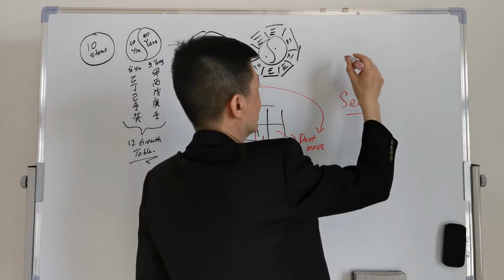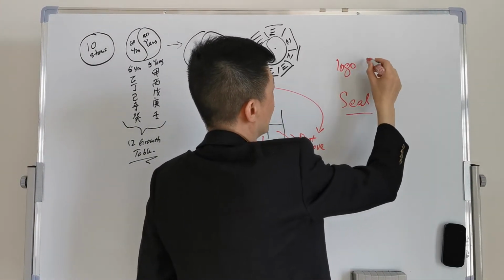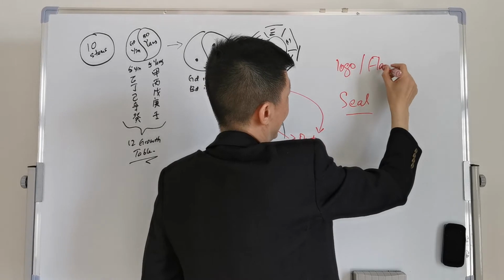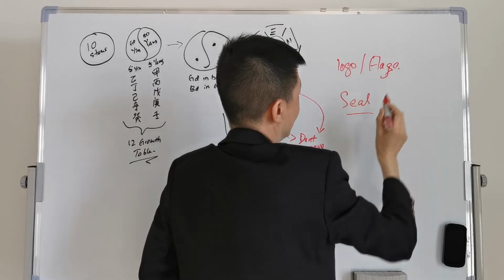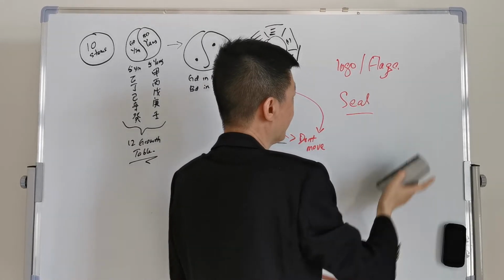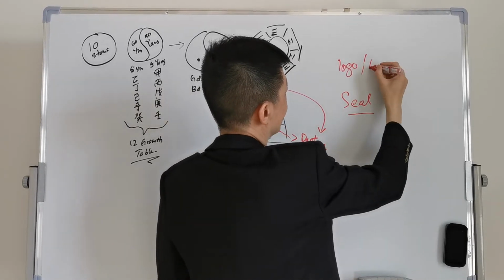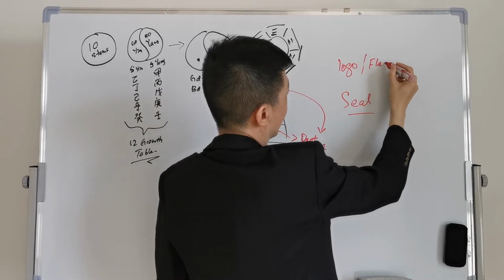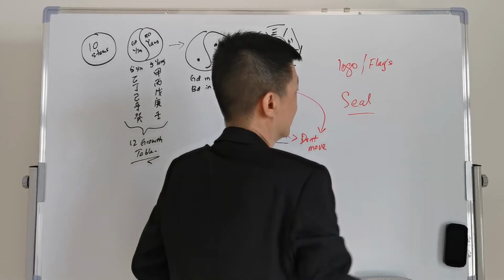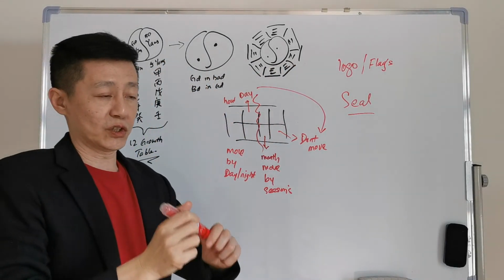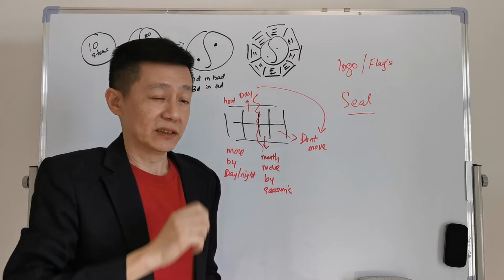The seal is the logo, the flag. Spelled correctly, it's easier so you can see the flag. The flag is a logo, so it becomes an identity.